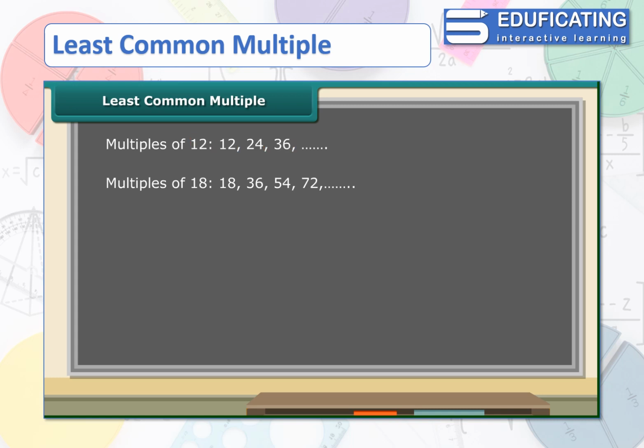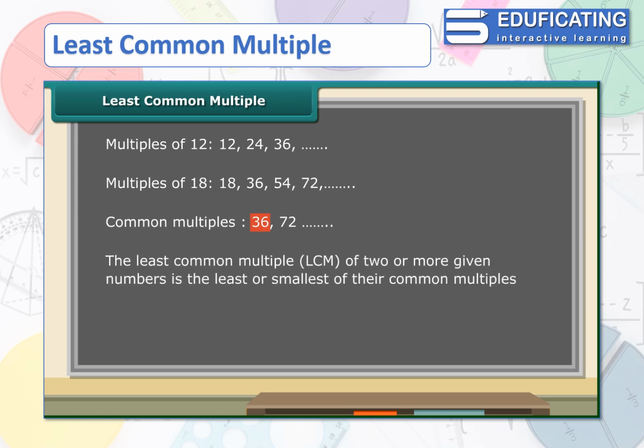Similarly, the multiples of 18 are 18, 36, 54, 72, and so on. The common multiples of both the numbers are 36, 72, and so on, but 36 is the smallest among these. Therefore, 36 is the LCM of 12 and 18. The least common multiple, LCM, of two or more given numbers is the least or smallest of their common multiples.